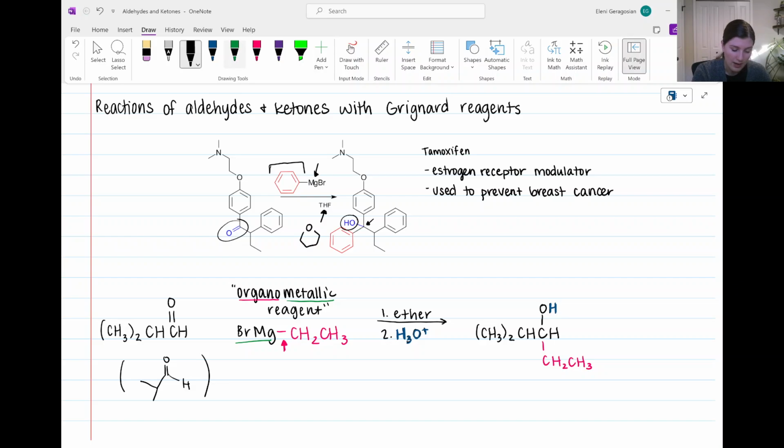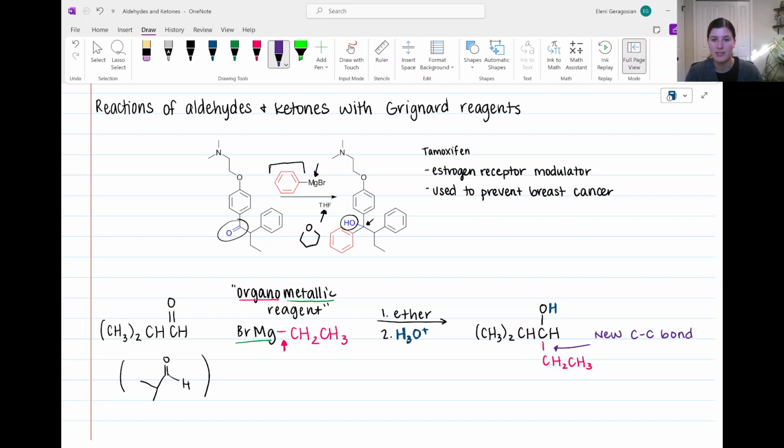So the reason why these reactions and organometallic reagents are so useful is that we are creating a new carbon-to-carbon bond. And that is really useful in industry. We can extend molecules to be much larger, longer carbon chains. And a lot of the reactions that we've talked about so far, especially for aldehydes and ketones, we're not adding a new carbon-to-carbon chain. We're adding an alcohol group or an alkoxy group, something like that.